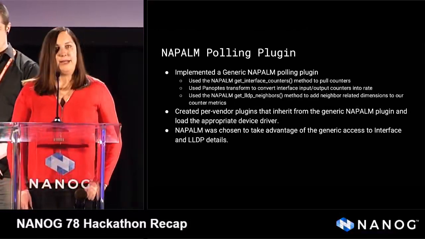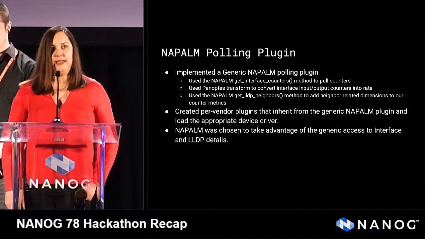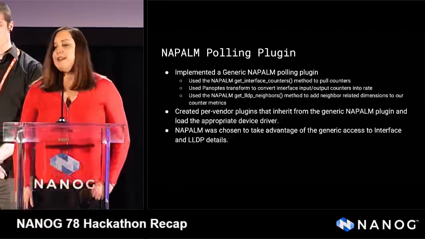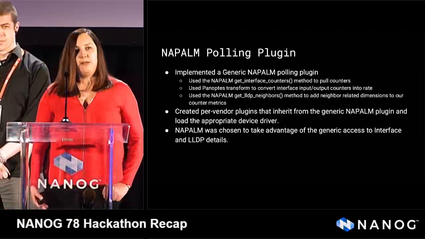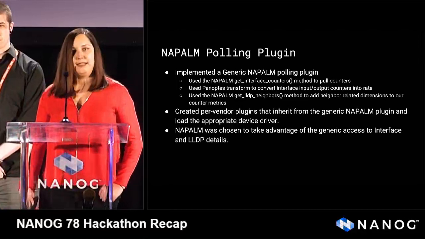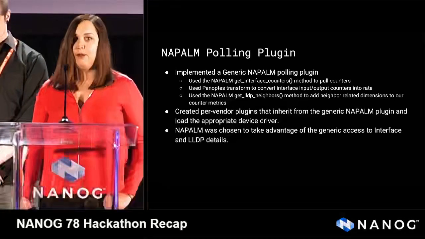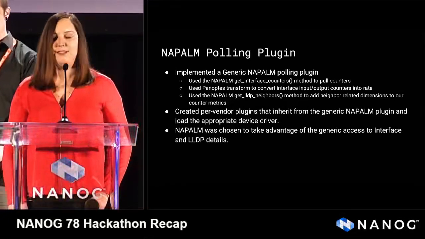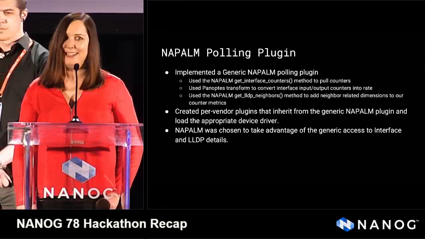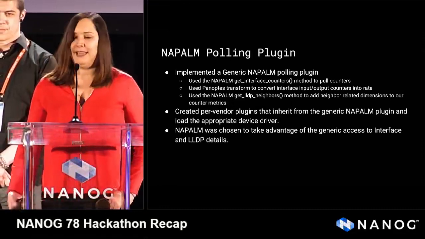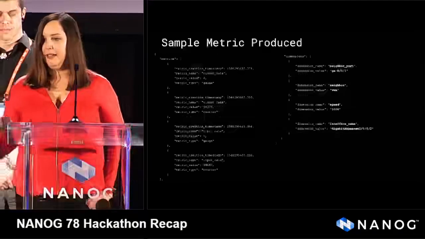And then the get LLDP neighbors method was used to enrich that data with LLDP data. So we created this generic plugin, and then we had each of our per vendor plugins inherit from that. We chose Napalm because it had support for most of the devices we chose, and there's a little bit of a caveat there that we'll talk about when we get to challenges. But that's the direction we took with the polling plugin.